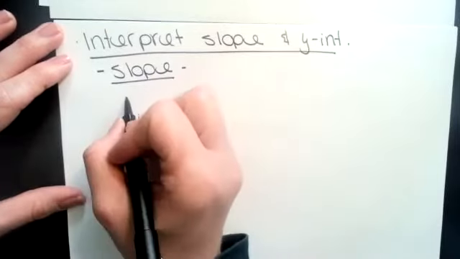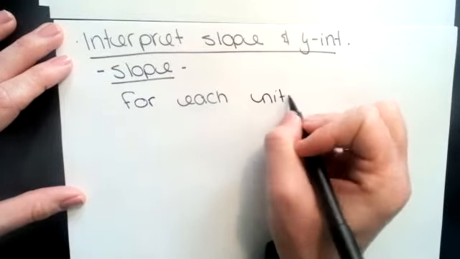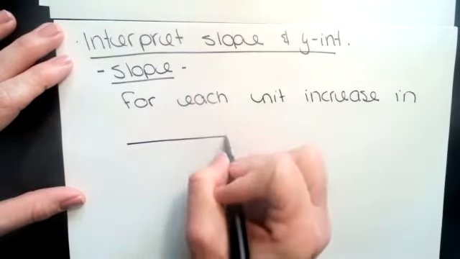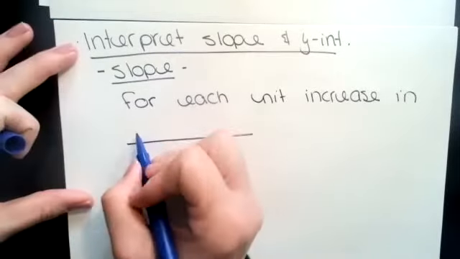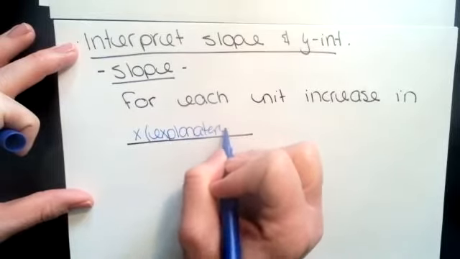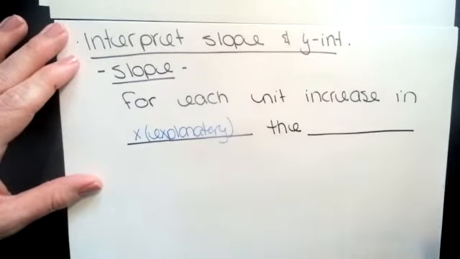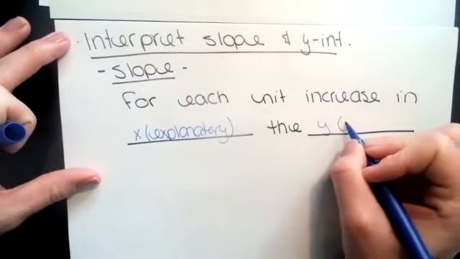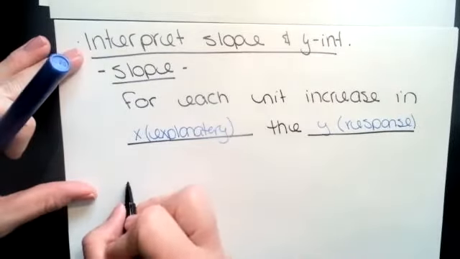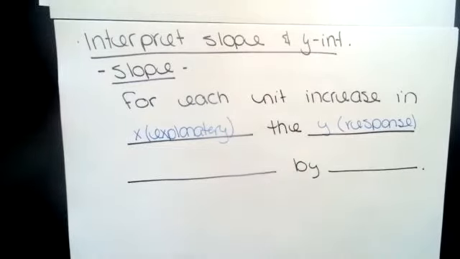What we say is, for each unit increase in whatever your explanatory variable is, the y variable or response is going to either increase or decrease by the slope value. So many blanks to fill in here.